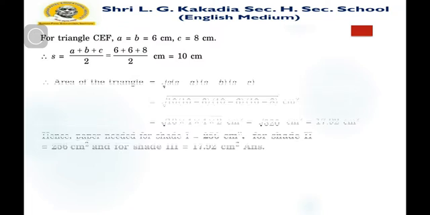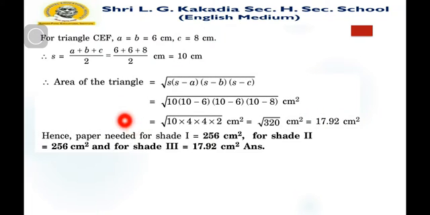Using Heron's formula, area of the triangle is equal to square root of s into (s minus a) into (s minus b) into (s minus c), that is square root of 10 into (10 minus 6) into (10 minus 6) into (10 minus 8). We get 10 into 4 into 4 into 2, which is the square root of 320 centimeter square, near about 17.92 centimeter square.